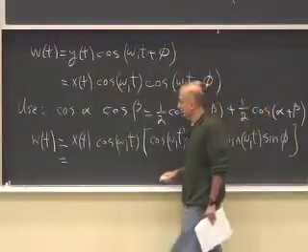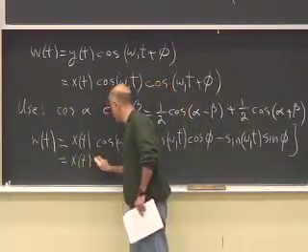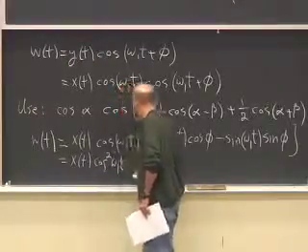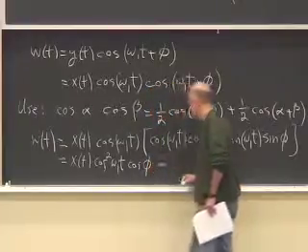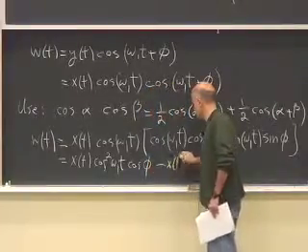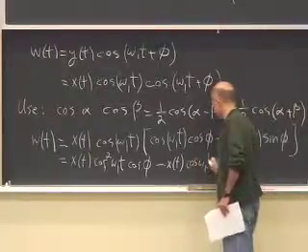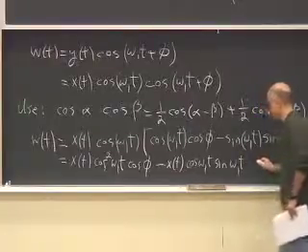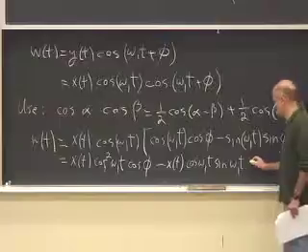Okay, you can get cosine squared of omega 1t. Okay, x of t times cosine squared, which multiplies by cosine of phi. And then minus x of t times cosine omega 1t times sine omega 1t, which you can expand to 1/2 sine of 2 omega 1t, times sine of phi.